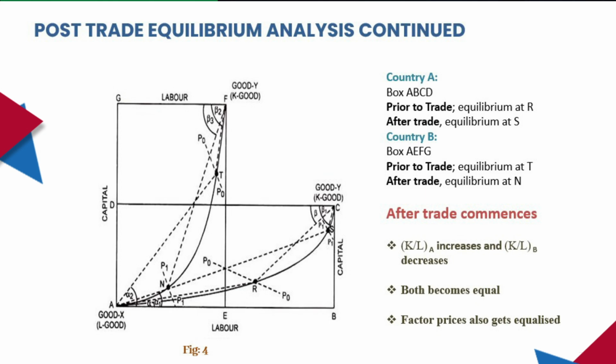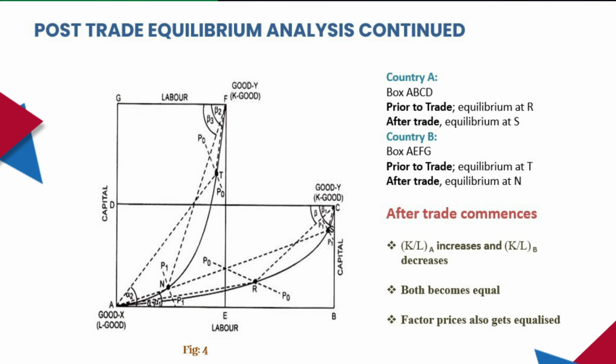And the capital labor ratio for country B will decrease, as reflected by the slopes of the lines AN, AT, and FN and FT, or the tangent of the angle alpha 1 and the tangent of the angle alpha 2, and the tangent of the angle beta 2 and the tangent of the angle beta 1.